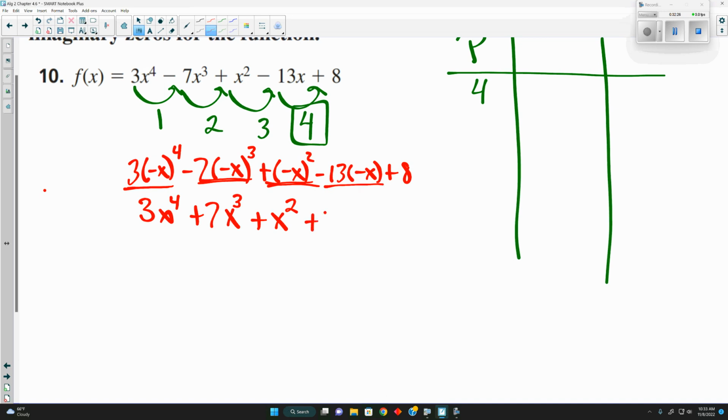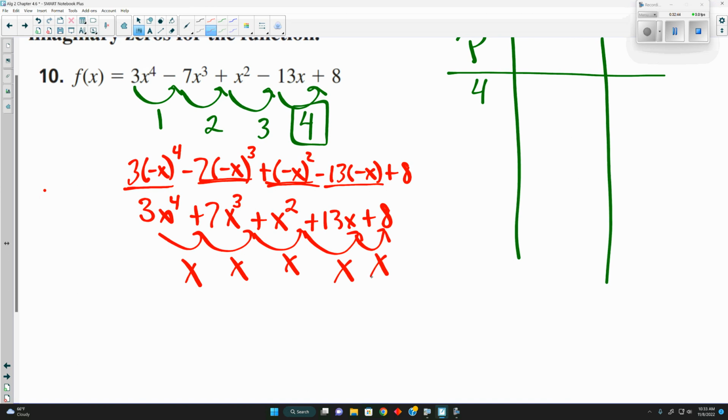Plus 13x plus 8. Are there any sign changes? So this here is positive, positive. Here, positive, positive. Positive to positive. Positive, positive, and lastly, positive to positive. So the number of negatives that we have is 0, which here the complex is 0 because the degree is 4.